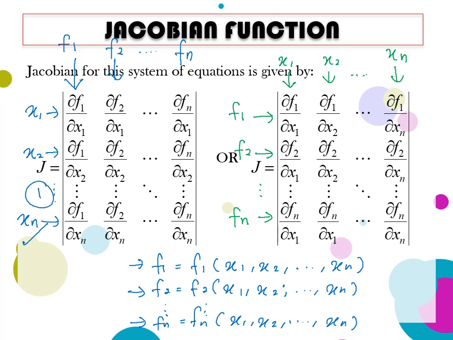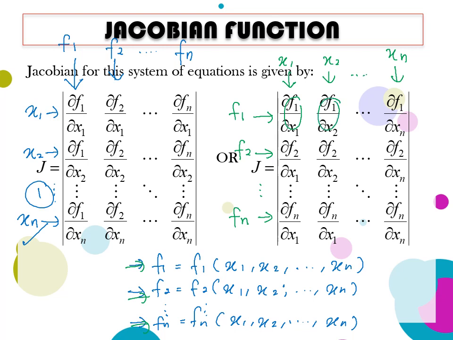So you fix your f1, f2, f3 by row. Then you partially differentiate with respect to x1 and put it in element a11. And then you differentiate your f1 with respect to the second variable, which is x2, and put it here.